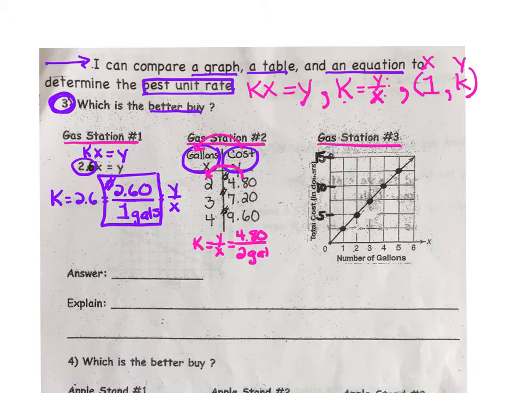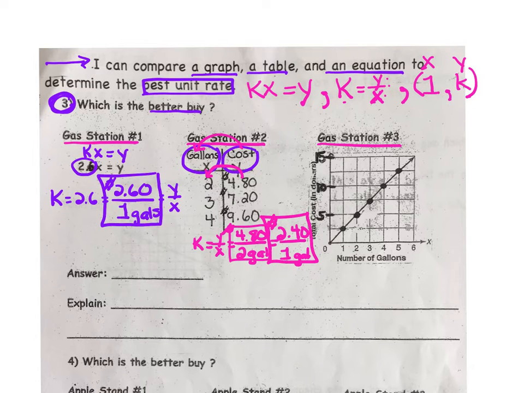Now this isn't a unit rate because we know for a unit rate we want the cost per gallon. So take this ratio and divide. 4.80 divided by 2. If you divide or reduce, you get $2.40 per 1 gallon of gasoline.